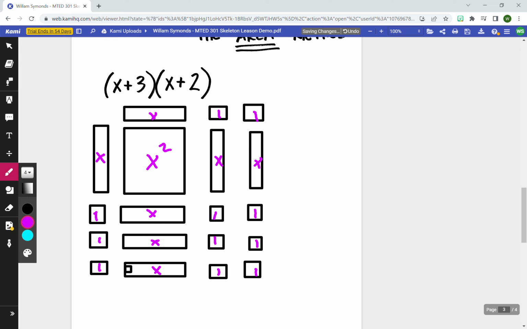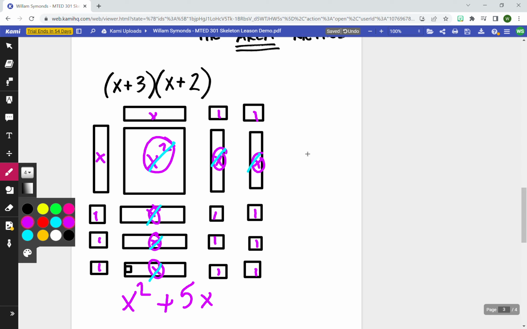So we know we only have 1 x squared. I'm going to cross that out because we already counted it. We have 1, 2, 3, 4, 5 x's. We can cross all those off. And then we have 1, 2, 3, 4, 5, 6 1 by 1 boxes.